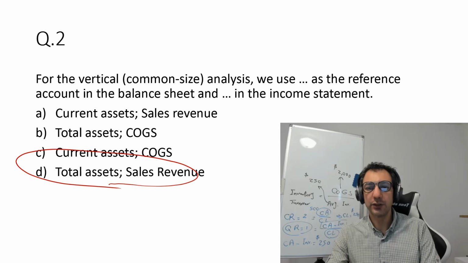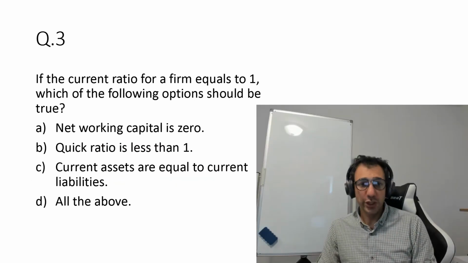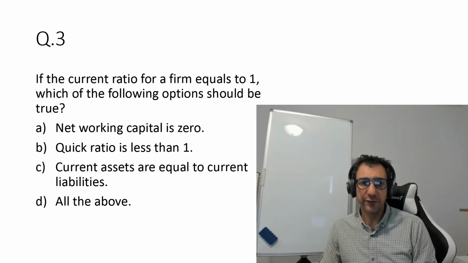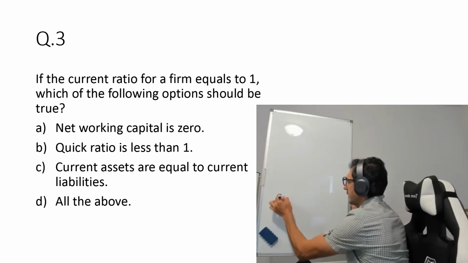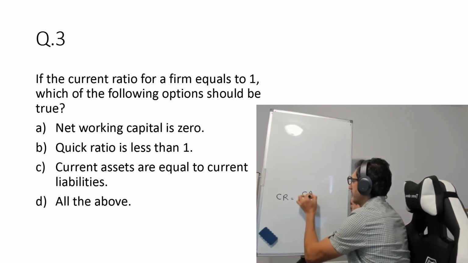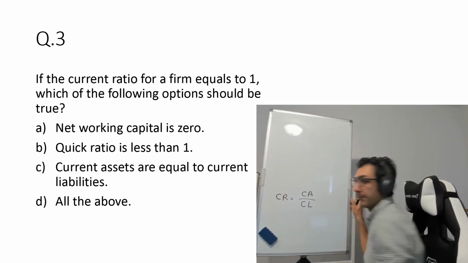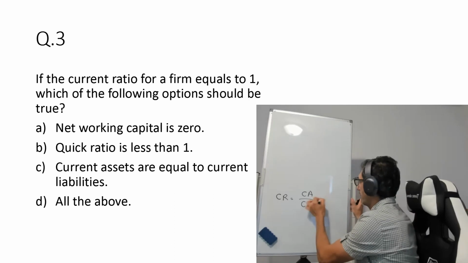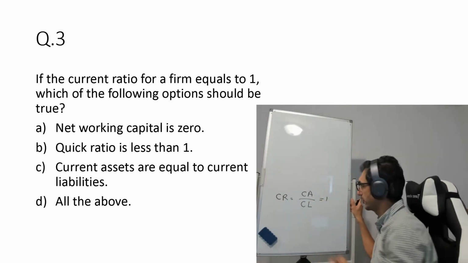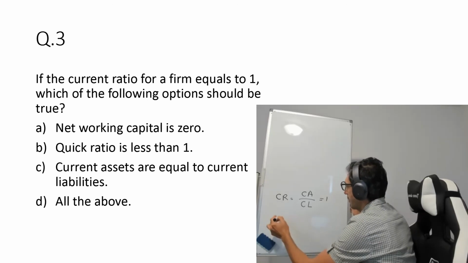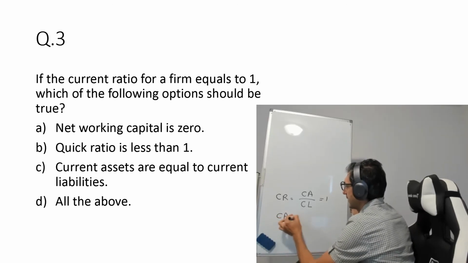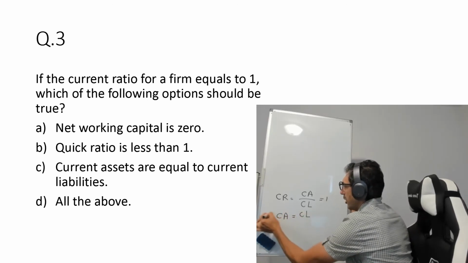Now let's look at the third question. Question 3: If the current ratio for a firm equals 1, which of the following options should be true? We learned that the current ratio is current assets divided by current liabilities. If this ratio equals 1, what should be the conclusion here? If you rearrange the equation, it means your current assets and current liabilities are the same.